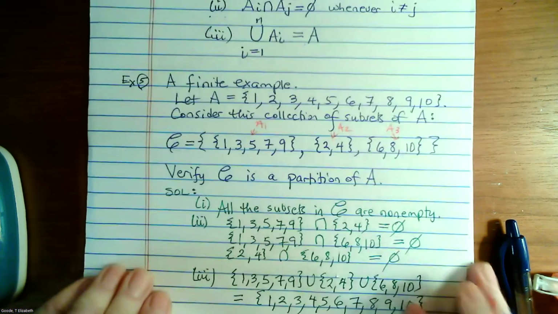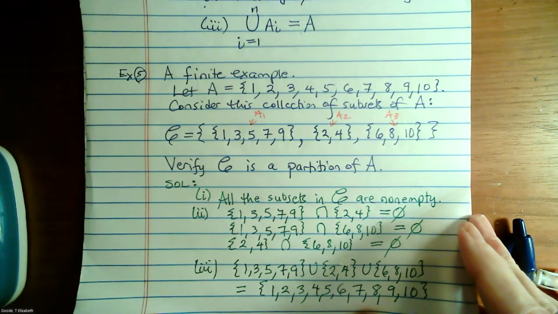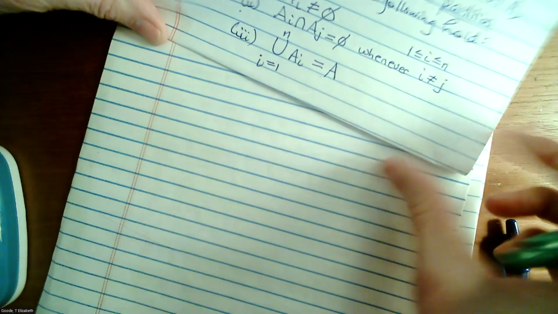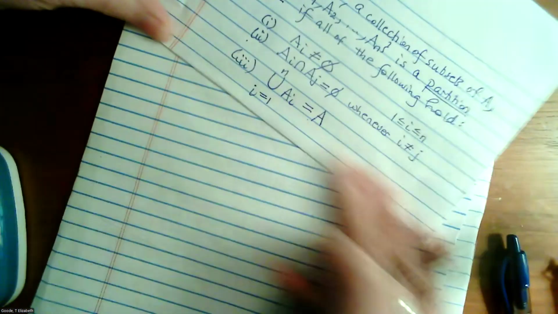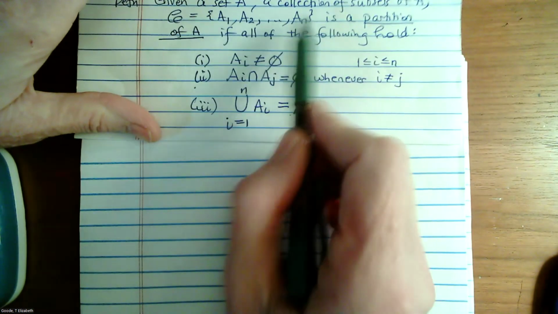Okay, so we'll keep this definition handy, but now let's look at an infinite example. And again, we're going to be answering the question about a particular collection being a partition. So I'd like to look at, like I said, an infinite example. So just imagine that this is an infinite collection, okay?